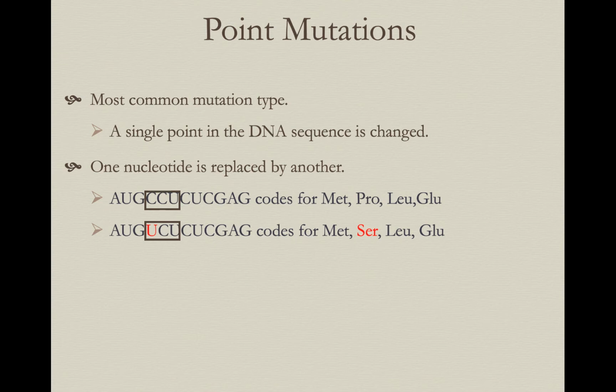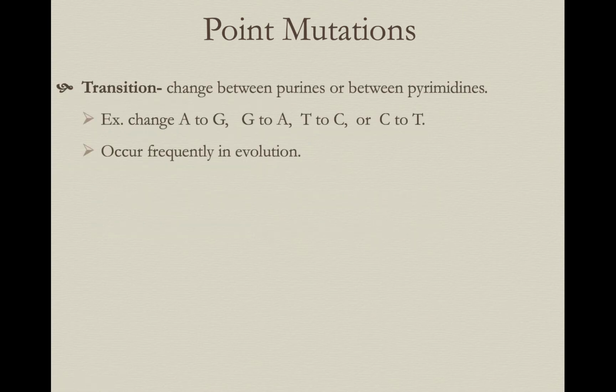So the DNA is where you get the mutation, but the effect would be to change the codon. So just to make that clear, it would have changed the codon from CCU to UCU. Well, in this case, that would mean that second amino acid would change from proline to serine. Now, the consequence of that we'll talk about here in a moment.